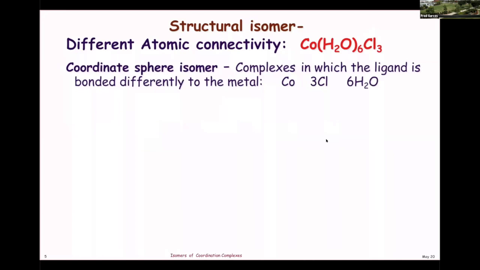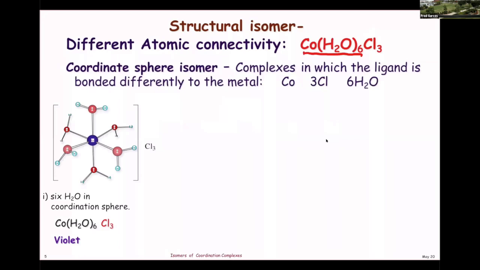Here we have a compound in which we have cobalt, 6 waters, and 3 chlorides. Okay, so in this particular case, you can see that the waters are bonded to the cobalt, and there are 6 of them, and then the chlorides are counter ions. Remember what counter ions are. They're basically ions outside the coordination sphere, but they're necessary to balance the charge.